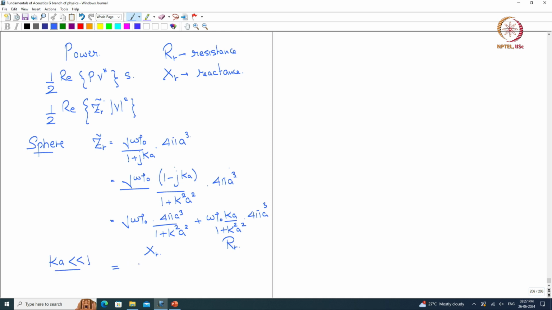We have j omega rho 0 4 pi a cube as the reactive part, plus, since Ka is small, omega rho 0 Ka 4 pi a cube is the real part.